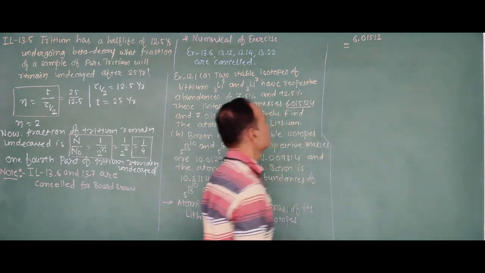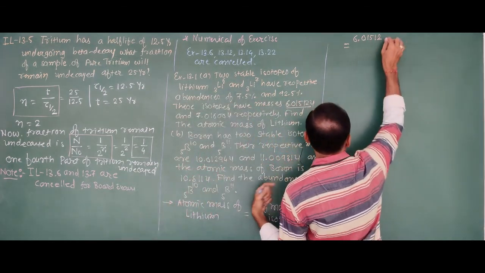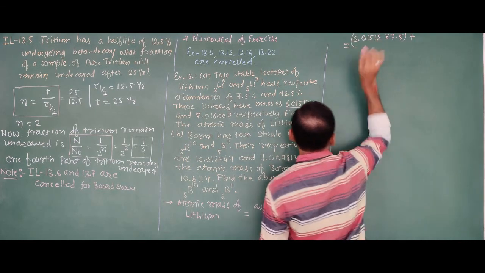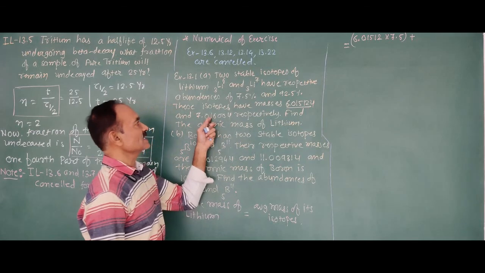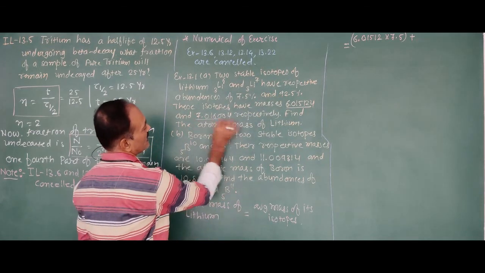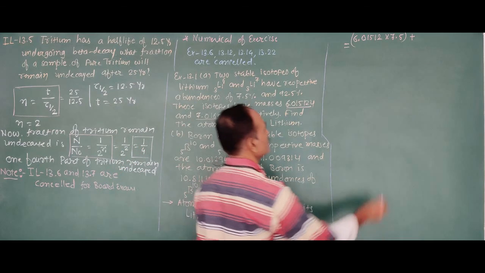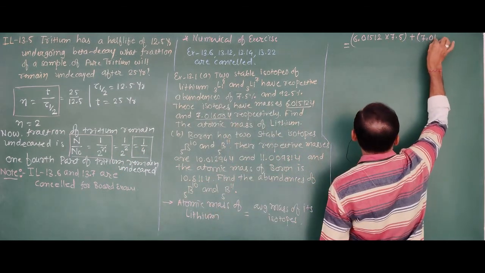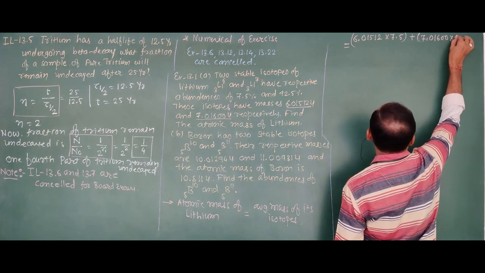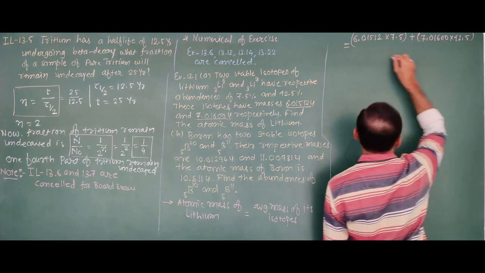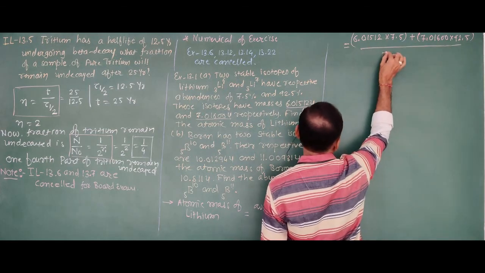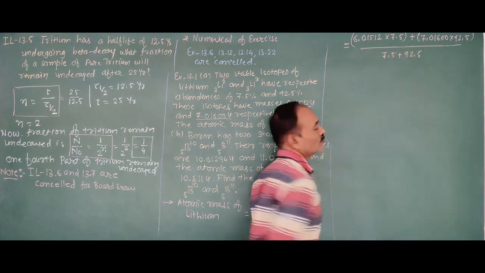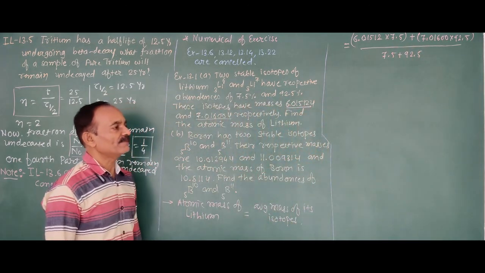Therefore, 6.01512 atomic mass unit into the percentage 7.5, plus the second isotope having the percentage 92.5 and atomic mass 7.01600, so 7.01600 into 92.5, divided by the total percentage of both isotopes, 7.5 plus 92.5.